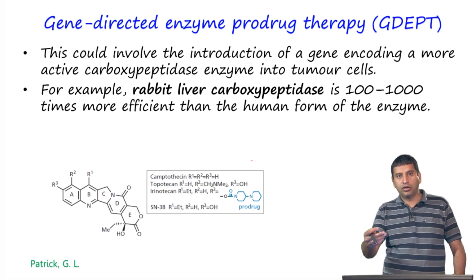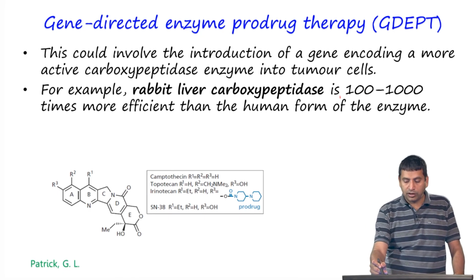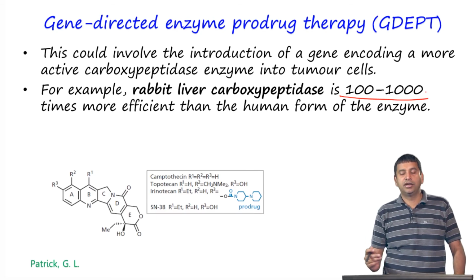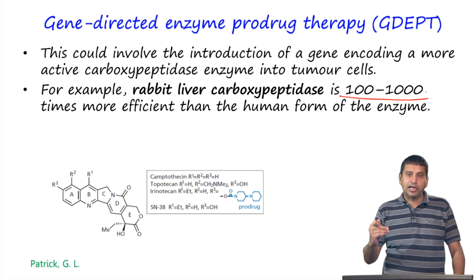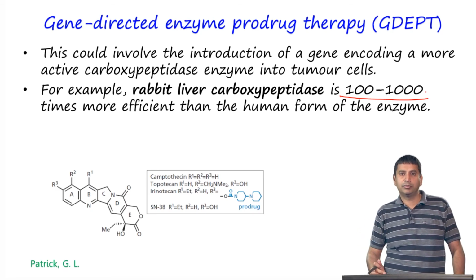So, we need to introduce the gene encoding the more active carboxypeptidase into tumor cells. For example, the rabbit liver carboxypeptidase is about 100 to 1000 times more efficient than the human form of the enzyme. Therefore, we could deliver the gene encoding the rabbit liver carboxypeptidase, so that it is more efficient than the human form in turning over this substrate.